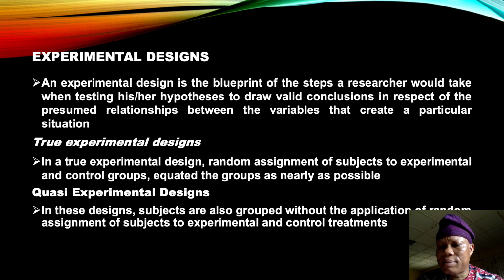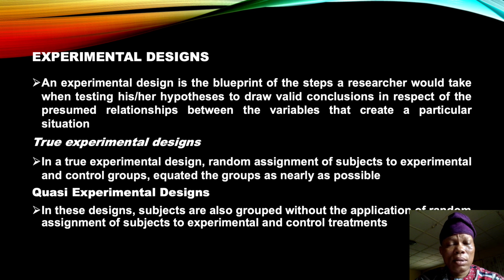Then we have the quasi-experimental design. In this design, subjects are also grouped without the application of random assignment of subjects to experimental and control treatment, which makes the equivalence of the groups skeptical. Here, under the true experimental design, you assign them to groups randomly.